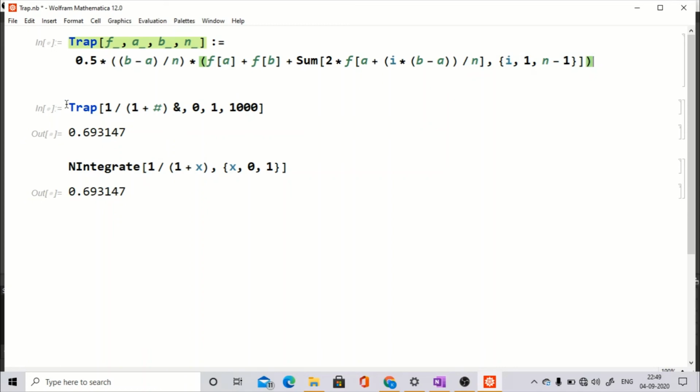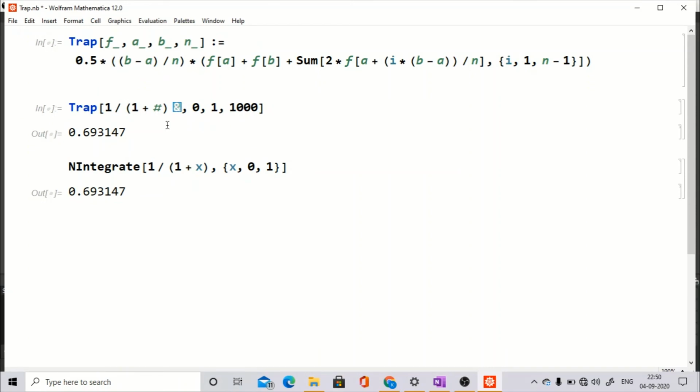Now you see that if I want to calculate 1 upon 1 plus x, and my lower interval is 0 and the upper interval is 1, you see here that I have not written x in a straightforward way. I have written 1 upon 1 plus hash, and there is an end symbol. What is the reason for that?